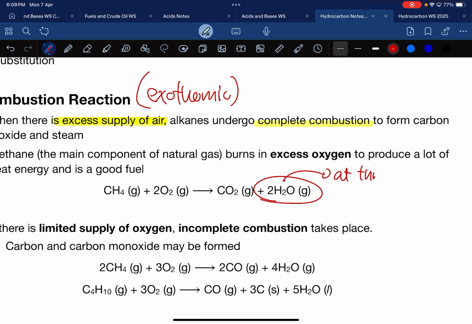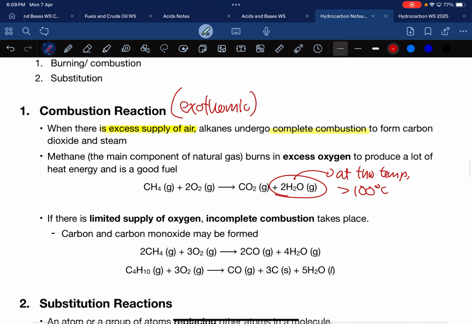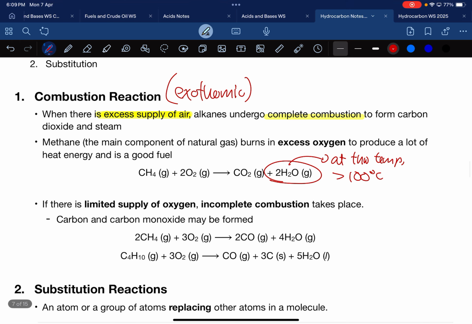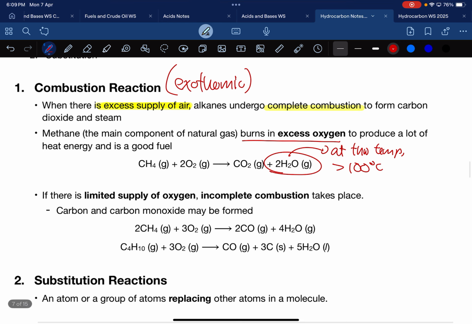Because at this temperature, it is definitely above 100 degrees, so it cannot exist as normal pure water. So there's an example over here, methane burning in excess oxygen to produce a lot of energy, and it is also a very good fuel, which is why methane gas is one of the main components of our fuel.